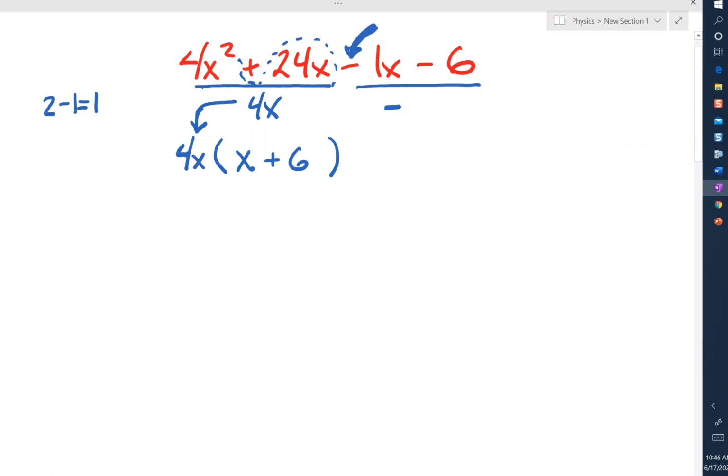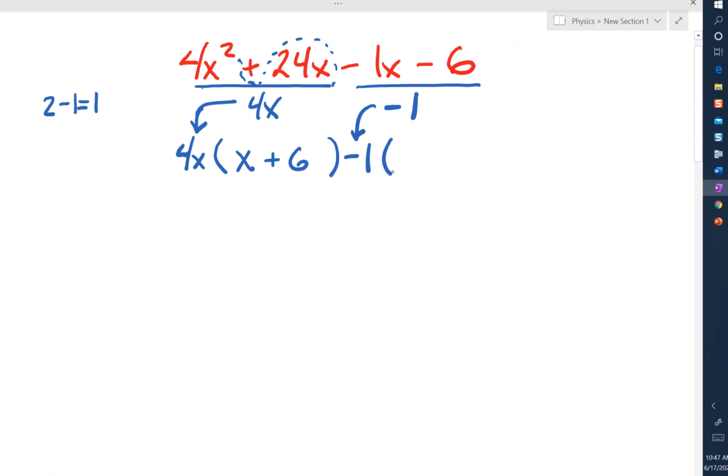So now I look at what will come out of negative 1x minus 6. Well, the best I can do, I can't pull out a 2 or a 3 or anything like that. The best I can do sometimes is a 1. 1 will come out of 1, and 6 can be divided by 1. The 6 at the end doesn't have an x, so I'm not going to put an x in my GCF. So this second little GCF that we have is just a negative 1. So I'm going to put it right here, negative 1.